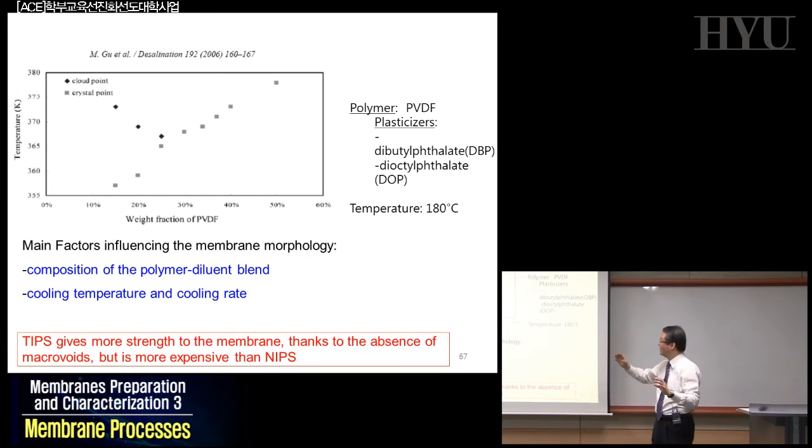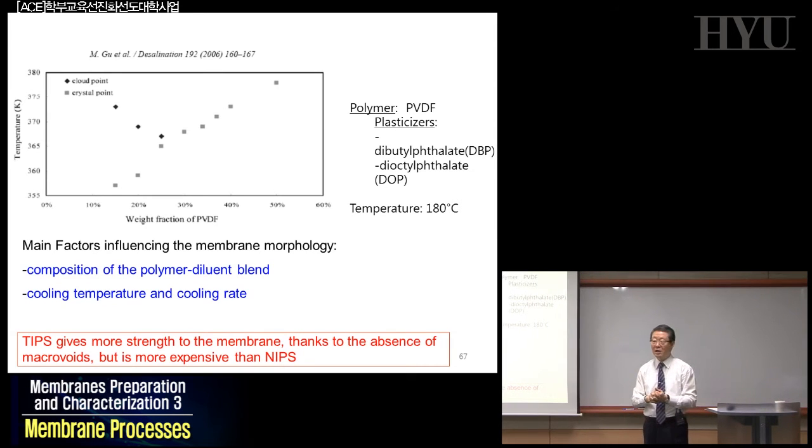Therefore, by adding these components, your material will become softer, okay? Flexible PVC. So DOP and DBP have been used for a long time as plasticizers of your polyvinyl chloride.